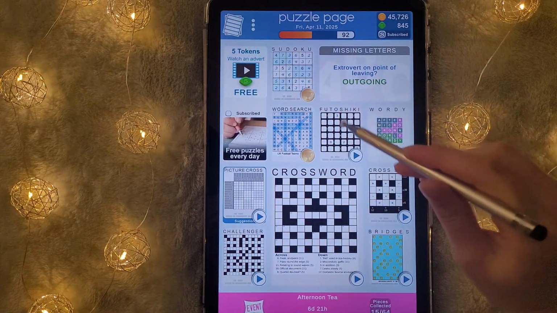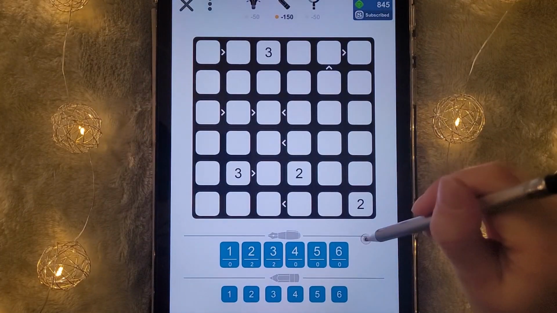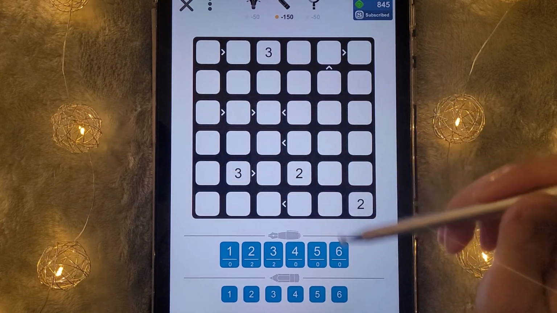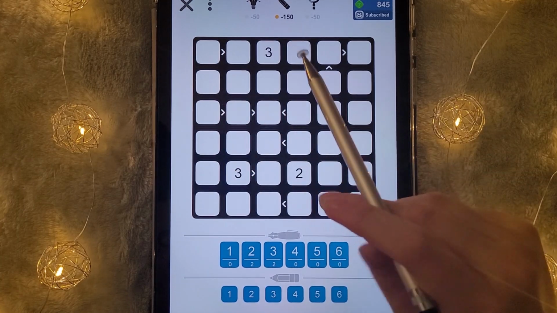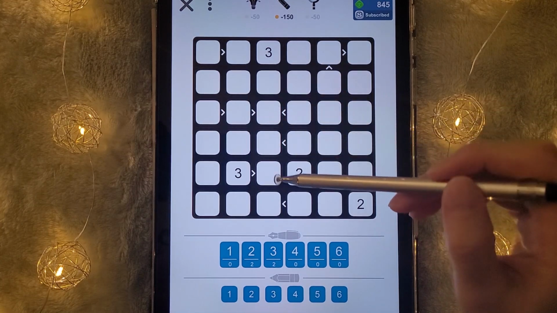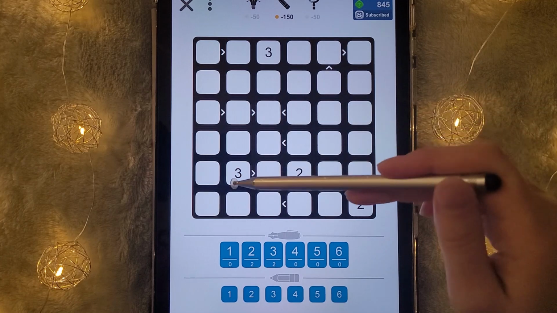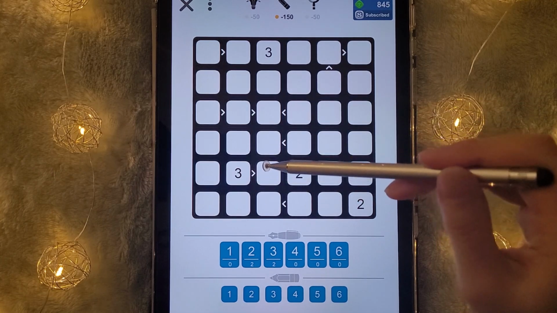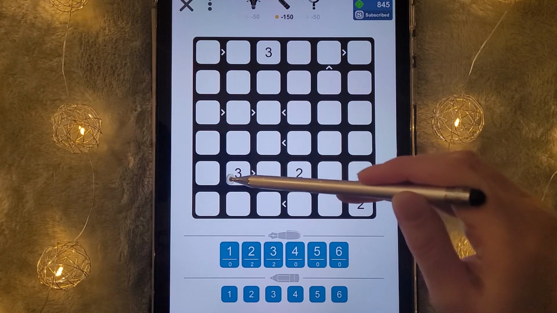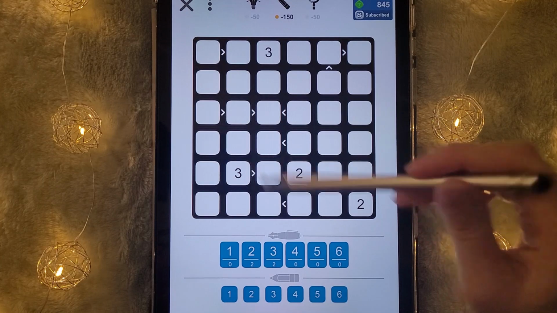Let's do the Futoshiki. So I think I explained this in my first video where I did the puzzle pages. I think of it like Sudoku, except all of these lines are in play and the only information you have is whether this number is fitting the greater or less than sign.